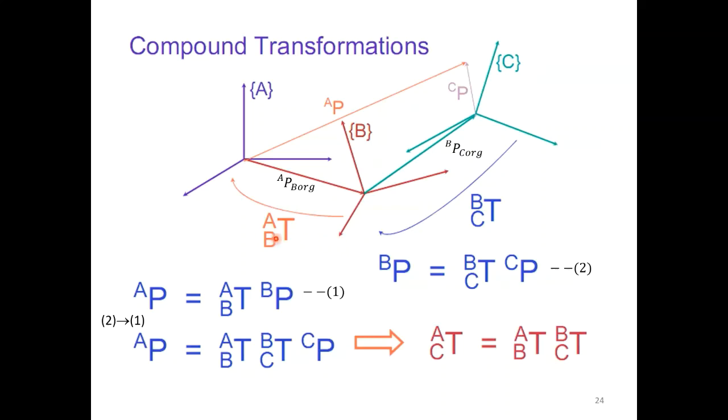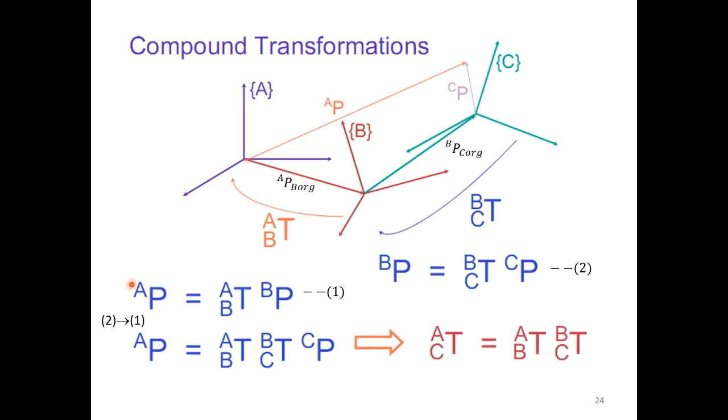ABT means how B is oriented and translated with respect to A, and BCT is how frame C is oriented and translated with respect to B. So if you know this one and that one, you can actually find out how C is oriented and translated with respect to A. Pretty simple.